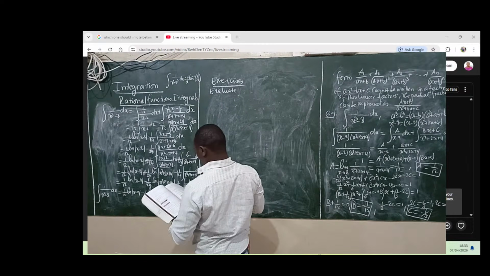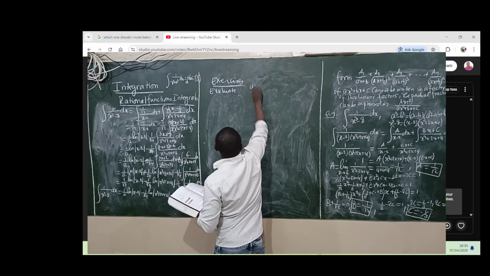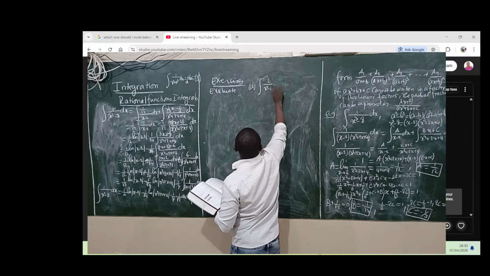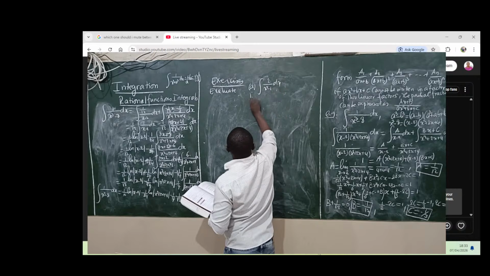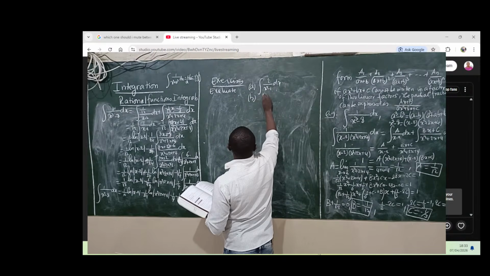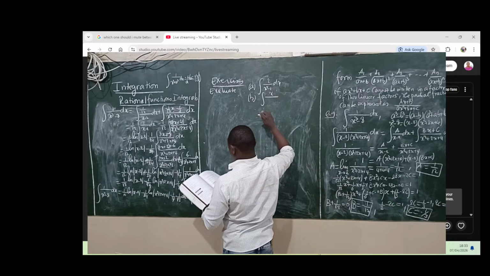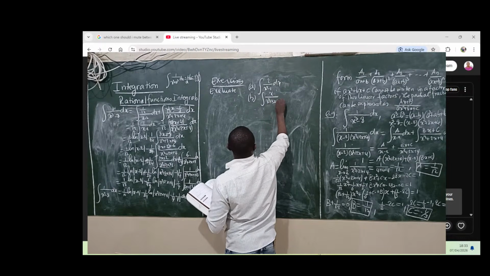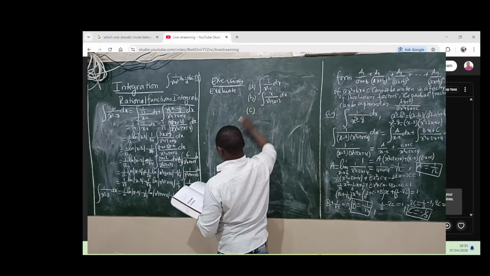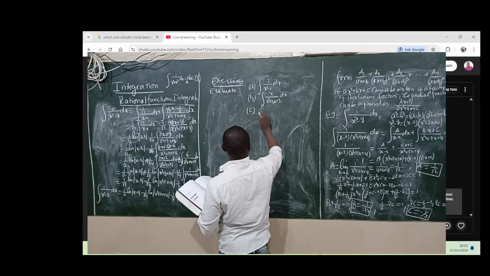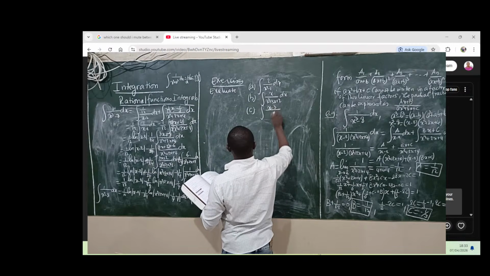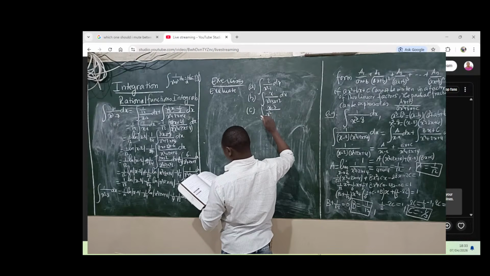A. The integral of 2 by x squared minus dx. B. The integral of x by x squared plus 3x plus 2 dx. C. The integral of x minus 3 by minus x squared plus 2x dx.